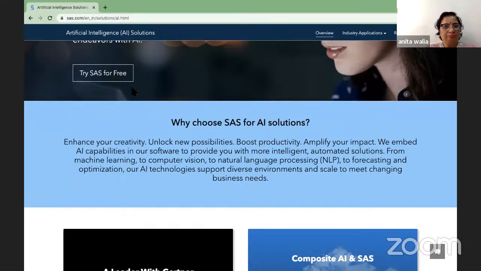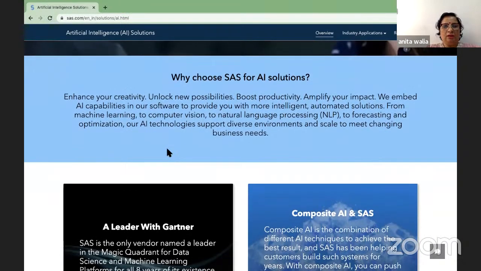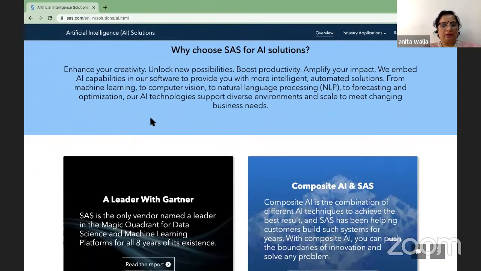This is the company name, and they are telling how their AI capability can automate solutions, from machine learning to computer vision to NLP, natural language processing, which we use in personal assistants, to forecasting and optimizing. All these can be leveraged through AI technology.